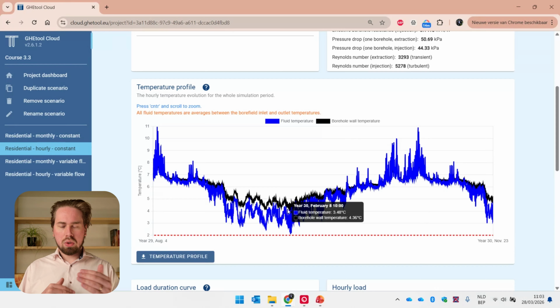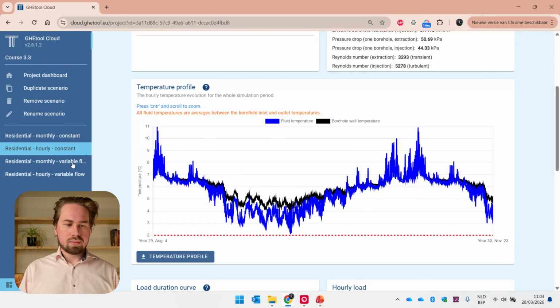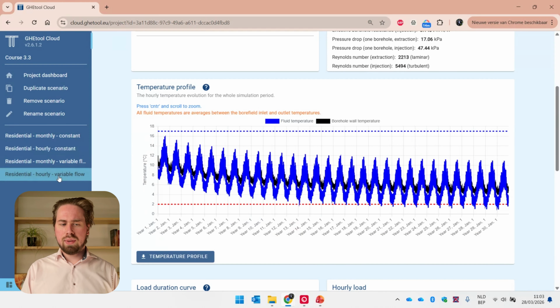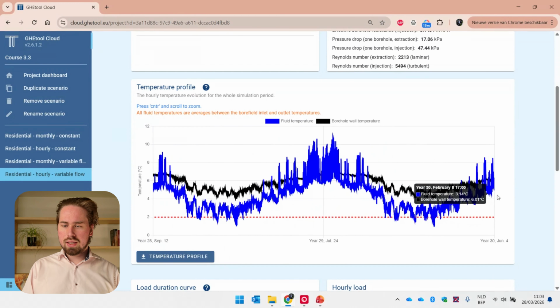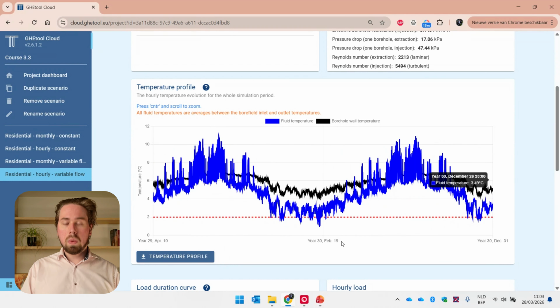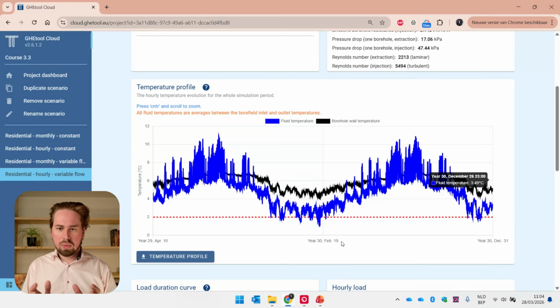So the fluid and the borehole wall temperature are close together. However, if we do that with the variable flow, you can already see it at this scale, but if we zoom in, it's clear that they are way further apart. So the heat transfer due to the laminar flow rate is now not that good. And this is an insight, this is something that we miss completely when we're designing with a constant flow rate.